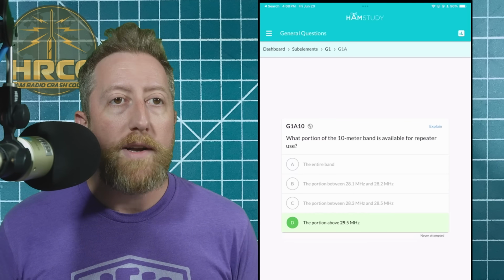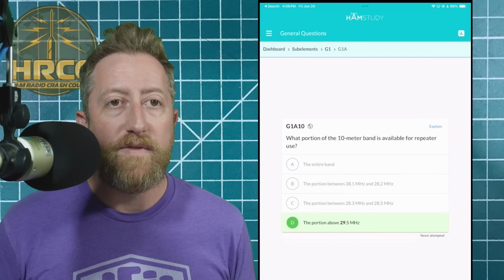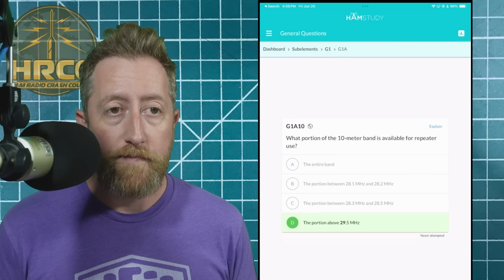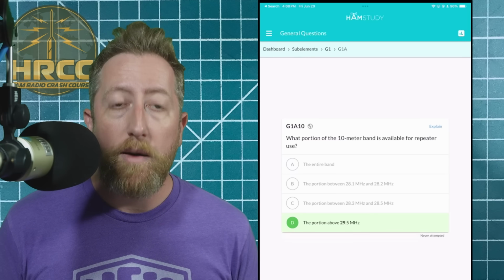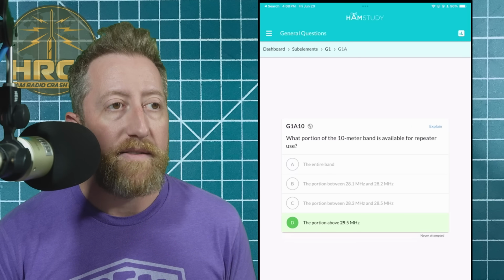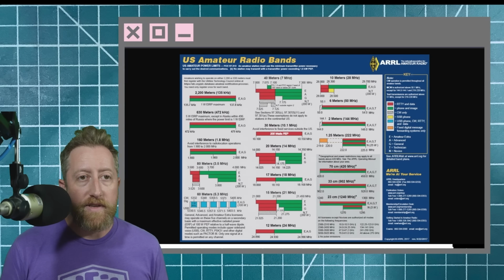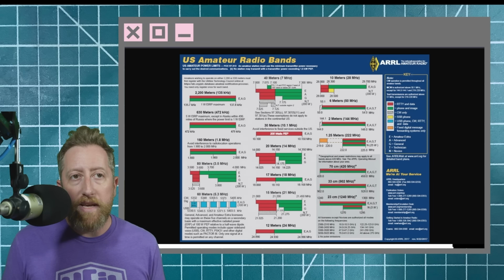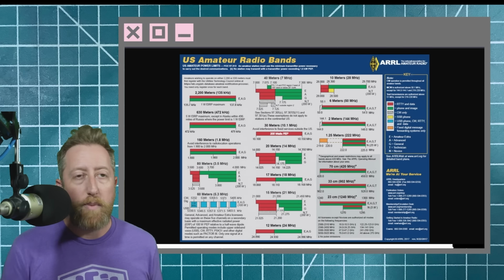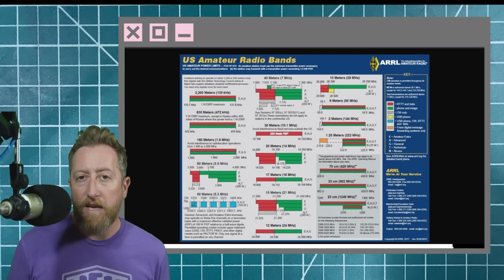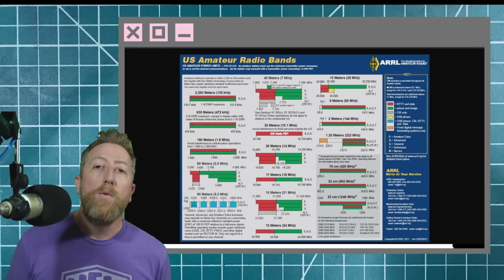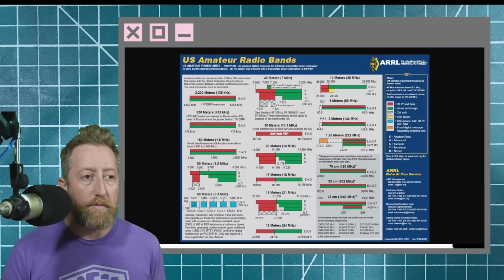Number 10, what portion of the 10-meter band is available for repeater use? And it is the portion above 29.5. Now, you have band allocations that talk about licenses, like I keep hearkening back to, but you noticed in that big green swath of space in the upper right-hand corner of 10 meters, it doesn't say how we utilize the 10-meter band.